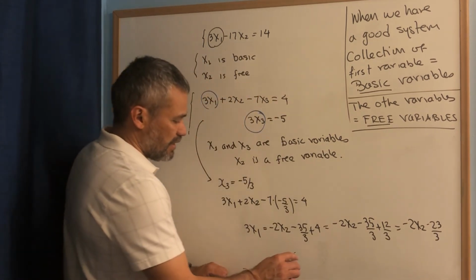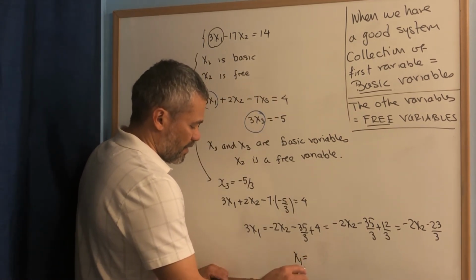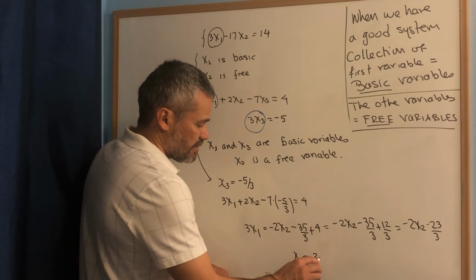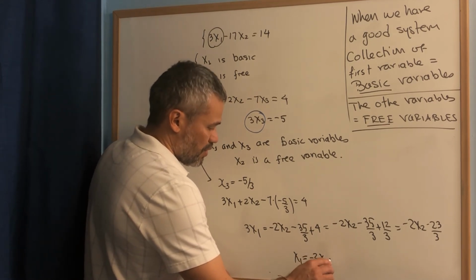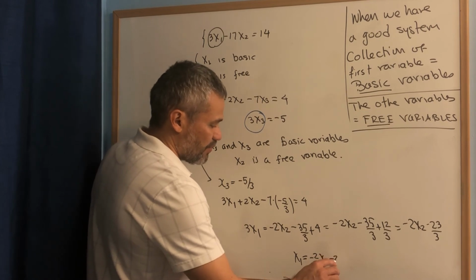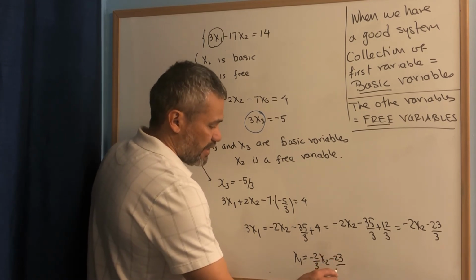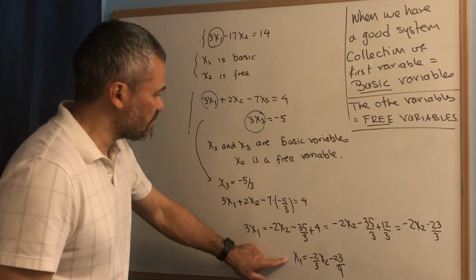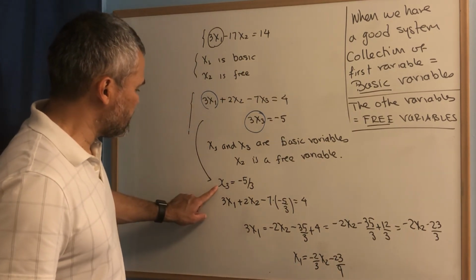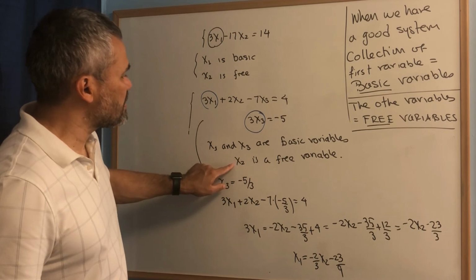And that means that x1 is negative 2/3 x2 minus 23/9. Right? This is x1, this is x3, and x2 is a free variable.